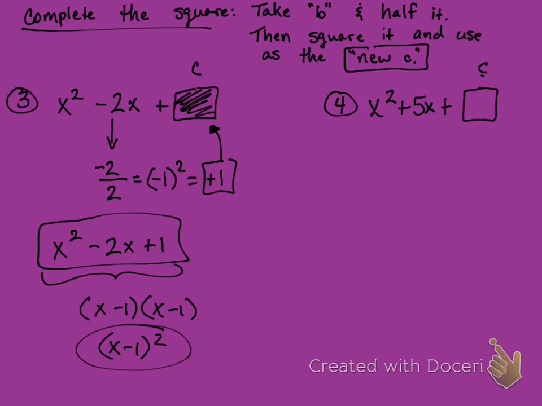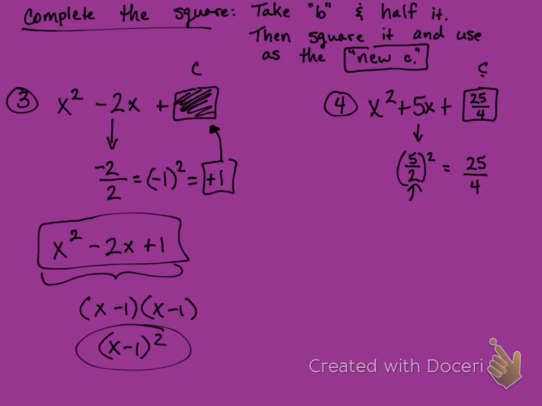Okay, look at number 4. Again, same process. We're going to take 5 divided by 2, and then we're going to take that and square it. That's going to give me 5 times 5 is 25, 2 times 2 is 4. So this new c value is 25 over 4. Well, how does that factor?